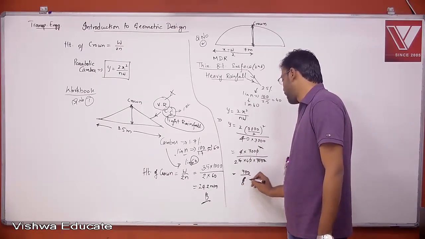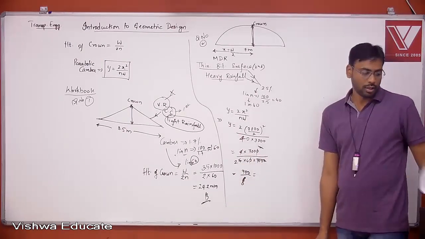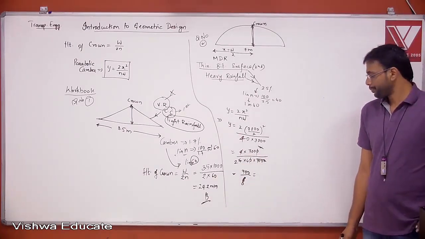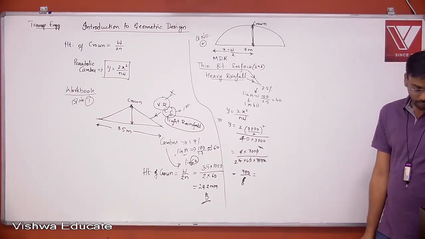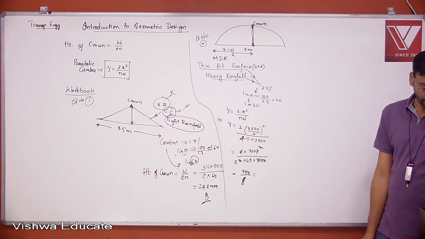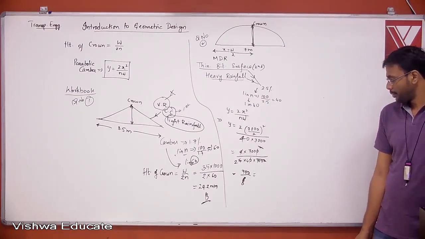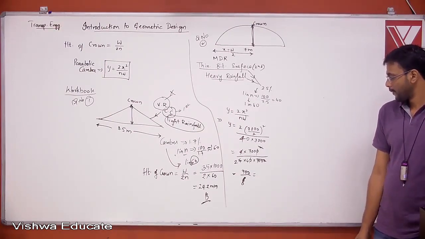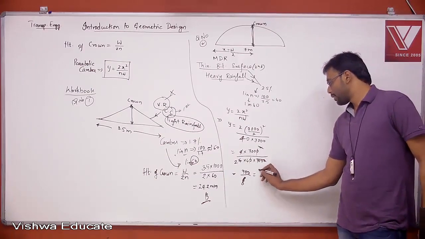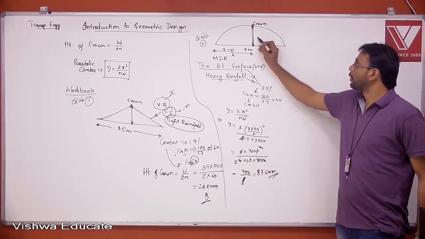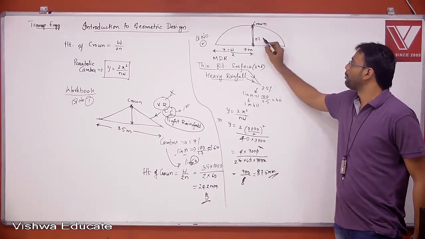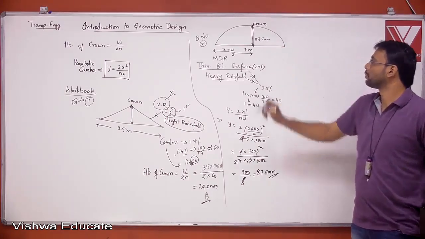Whatever comes, you can calculate, and you can note it down. If you calculate this, it comes as 87.5 mm. So that is the height of the crown here, 87.5 mm. Right?